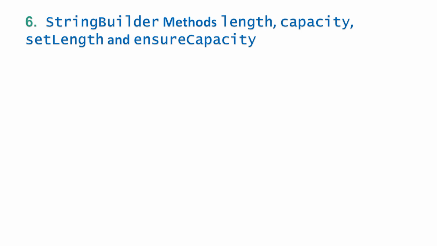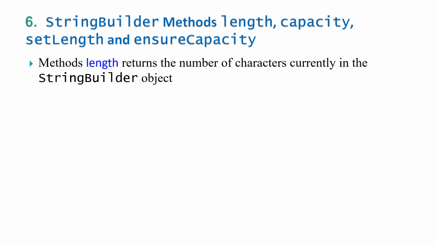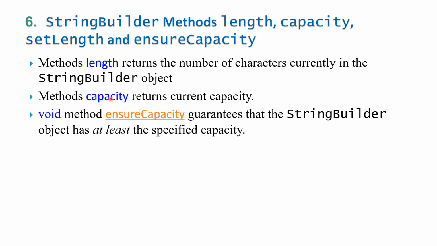Class StringBuilder has 4 methods to retrieve and modify its length and capacity. Method length returns the number of characters currently in the StringBuilder object. Method capacity returns the current capacity, which is the number of characters that can be stored in the StringBuilder object without allocating more memory.